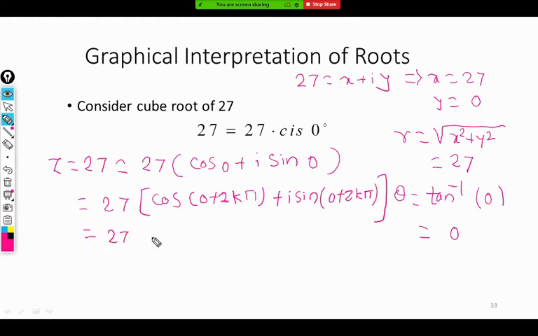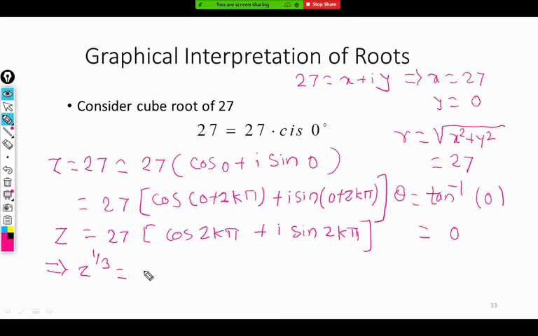So 27 times cos 2k pi plus i times sine 2k pi. This is the general polar form of the number 27. Now the last step, third step, is left. We want the cube root. So taking cube root on both sides, we get z raised to 1 by 3, that is 27 raised to 1 by 3.